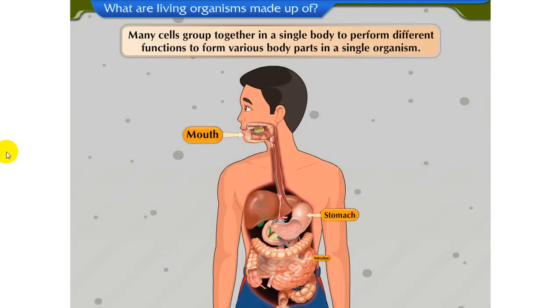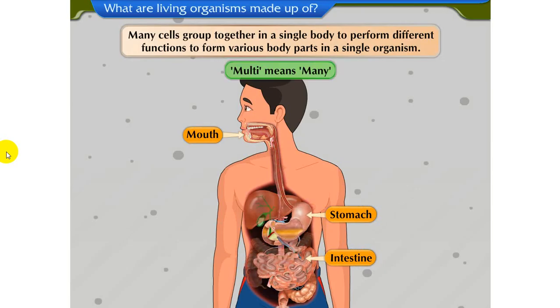Whereas many cells group together in a single body to perform different functions to form various body parts in a single organism. These types of organisms are called multicellular organisms. Multi means many.